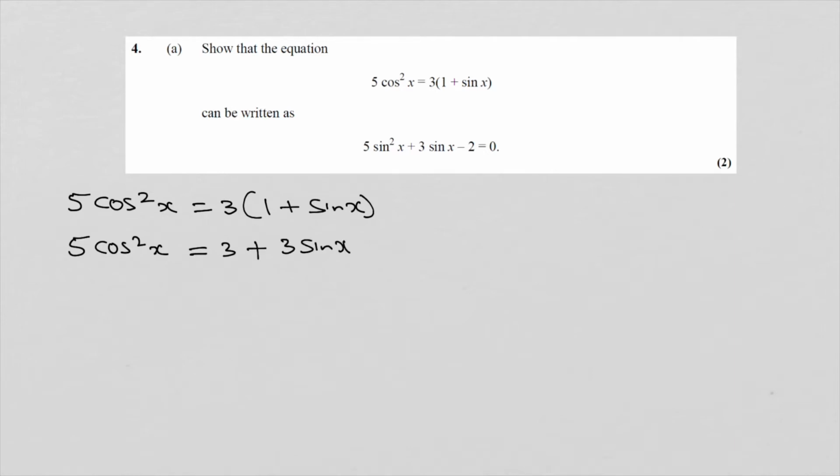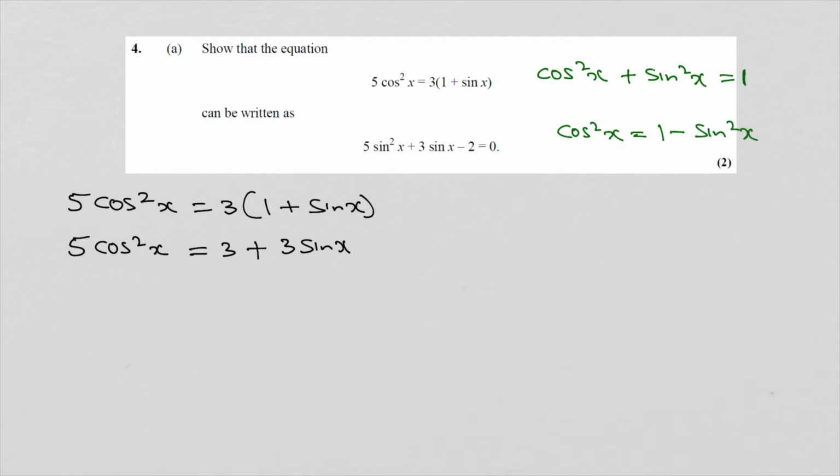Now what we need to do is remember the fundamental identity, which is cos squared x plus sine squared x equals 1. I need to make cos squared x the subject, so cos squared x equals 1 minus sine squared x.